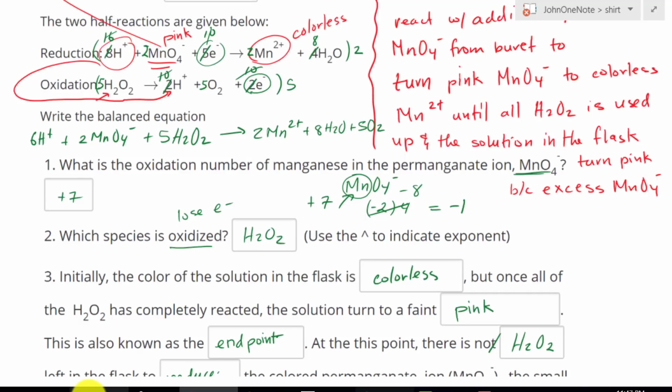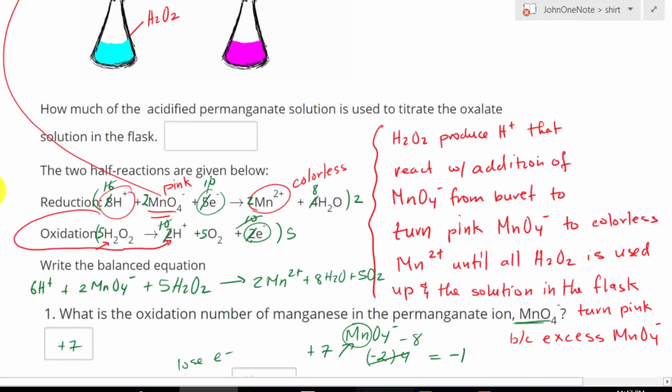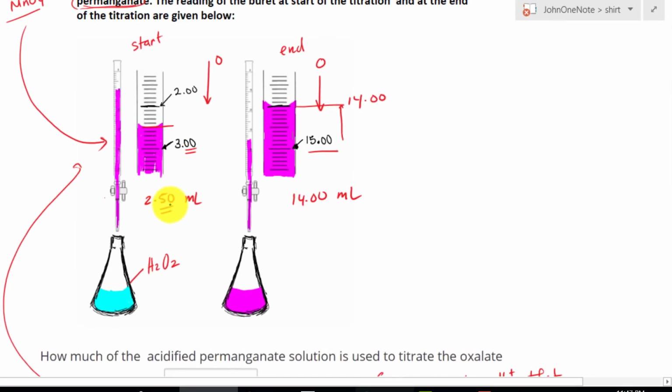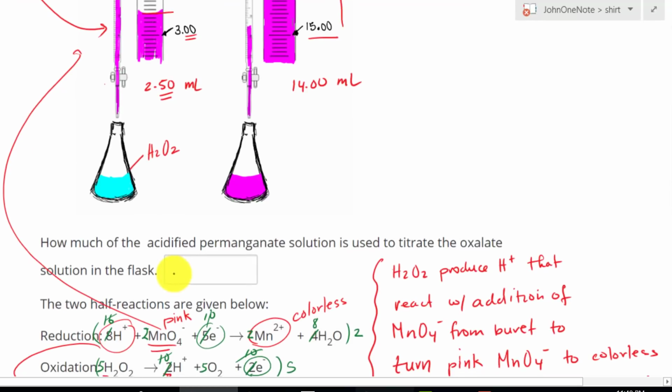If we go back up here, how much of the permanganate solution was used? We start with 2.50, and we end with 14. So we have 14 minus 2.50, which gives us 11.50. So that's how much of the MnO4- solution is being used.